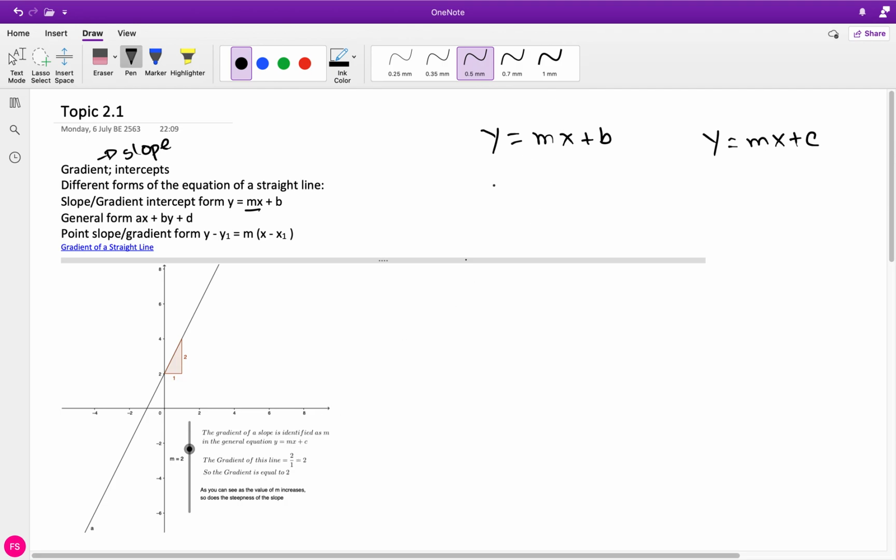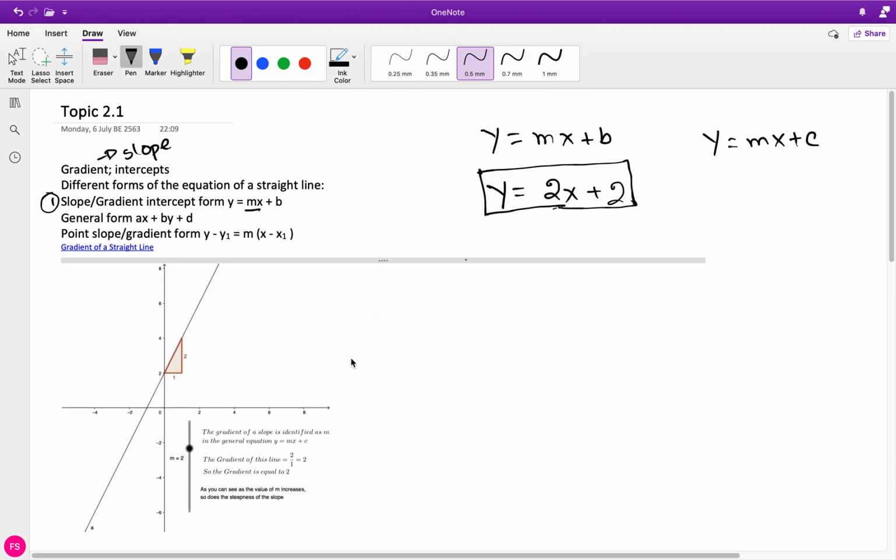So you can write the equation of this line as y equals 2x, m equals 2, and the b is 2 as well, because the graph is crossing the y-axis at y equals 2. This form is called the slope-intercept form, our first form, or the gradient-intercept form, and it's always in this form, y equals mx plus b or y equals mx plus c.